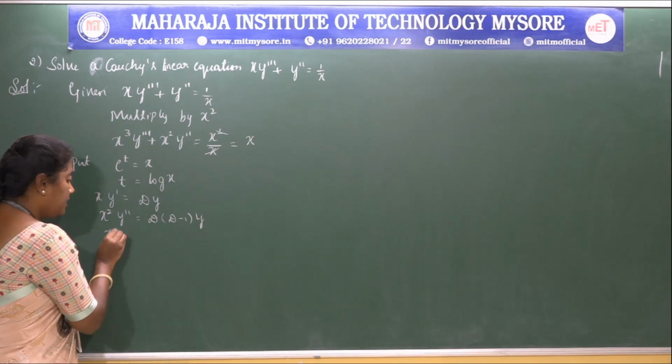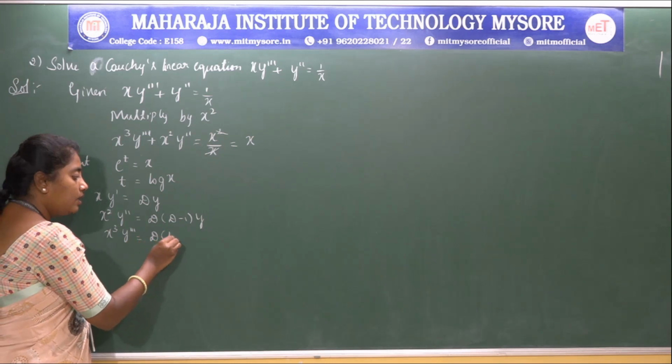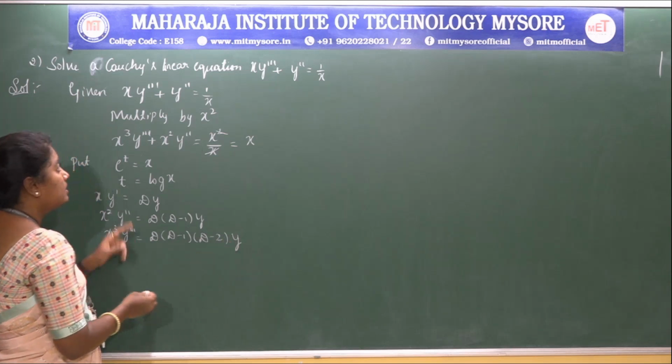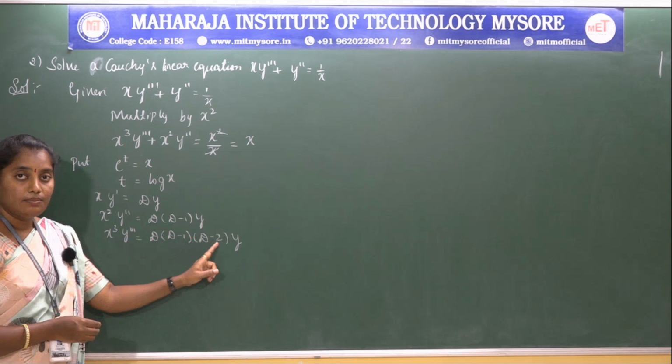And the third derivative x cube y triple dash is equal to D(D minus 1)(D minus 2) of y. Since we have a third derivative in the given problem, we use this substitution.